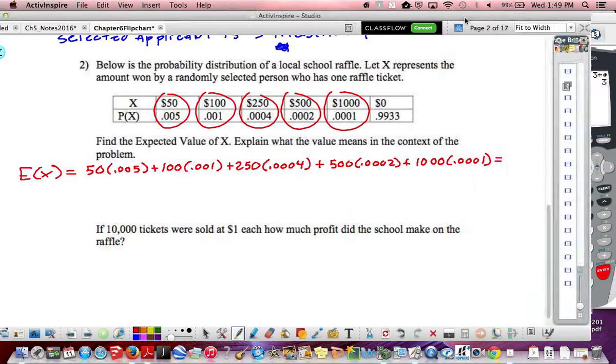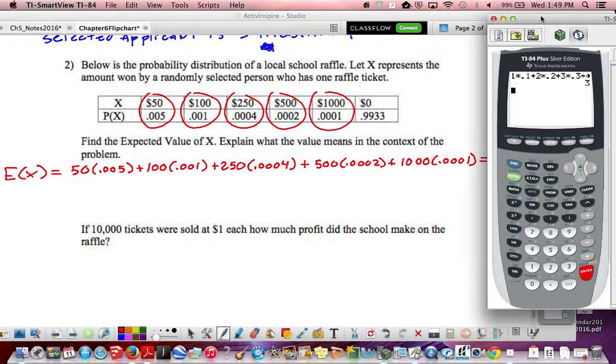So 50 times 0.005 plus 100 times 0.001 plus 250 times 0.0004 plus 500 times 0.0002 plus 1,000 times 0.0001. See if I did it right. Woo! 0.65.